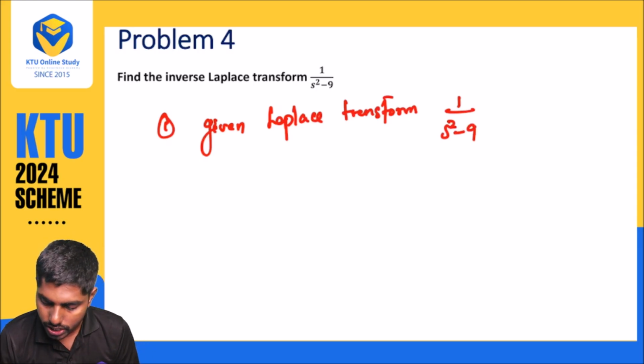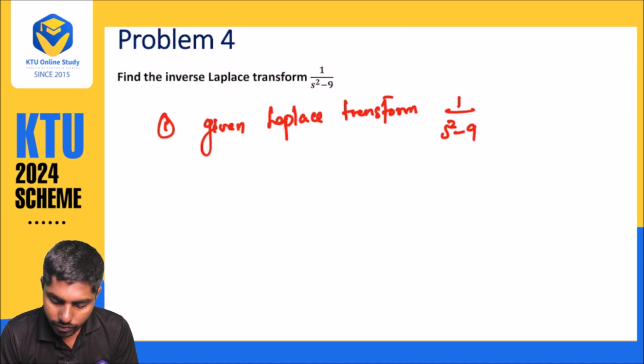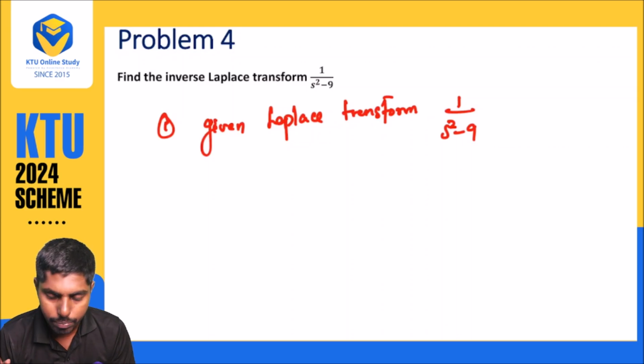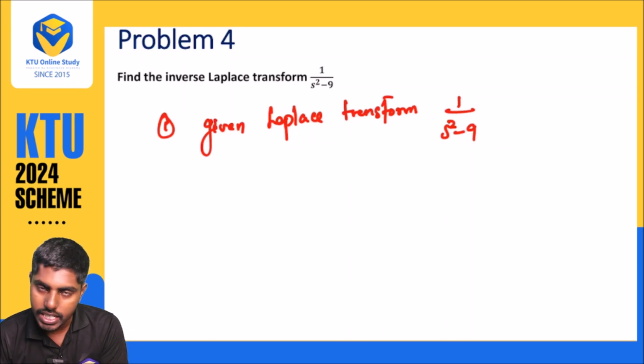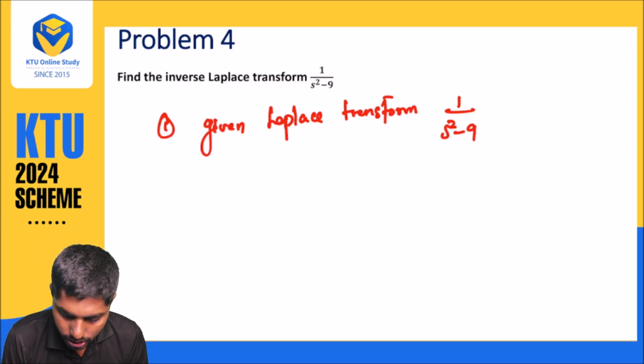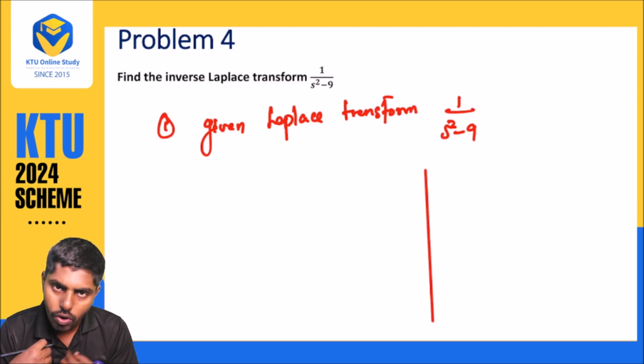So what is the next step? We know the formula. Whenever x square minus some value is there, what should strike your mind is a hyperbolic function, that is sin hat or cos hat. Here s is not there. So just decode from our formula, from what we know.